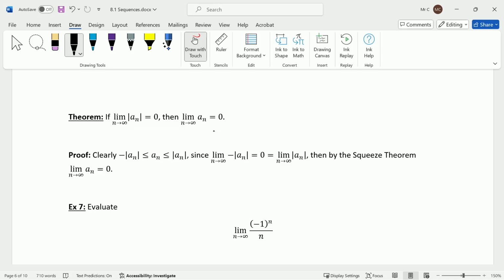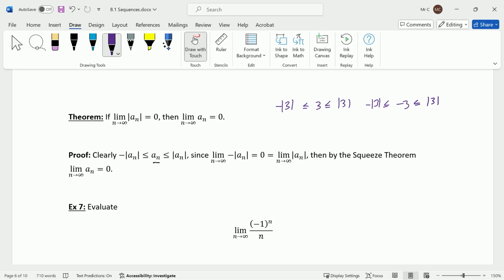Okay, so how do we prove this? We start by saying a sub n has to be between the positive and negative of its absolute values. So just as a little aside, that's like saying 3 is between the absolute value of 3 and the negative of its absolute value. Of course that's true. Likewise, negative 3 is between negative the absolute value of 3 and positive the absolute value of 3.